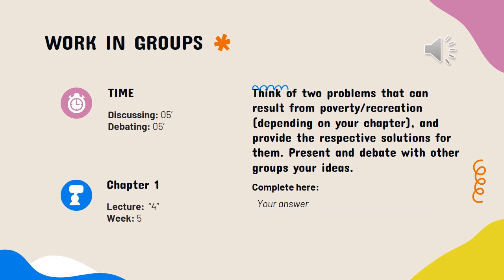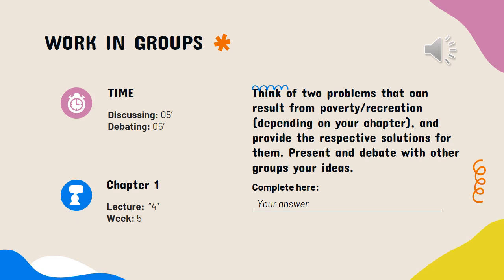The groups have to think of 2 problems that can result from their theme, which is, for example, poverty or recreation, and provide the respective solutions for them and present a debate with other groups and tell them their ideas. And that would be based on lecture number 4, week number 5, chapter 1.